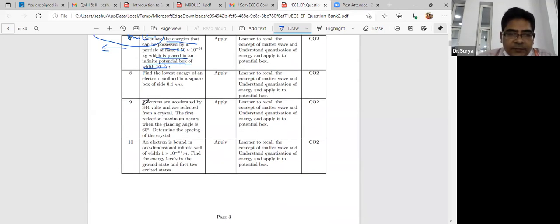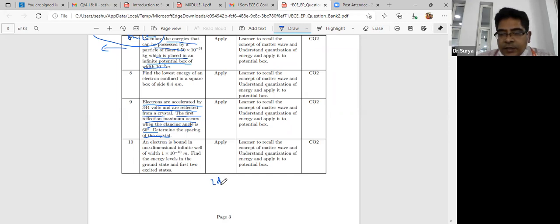So next question is, electrons are accelerated by 344 volts and are reflected from a crystal. The first reflection occurs when the glancing angle is 60 degrees. Determine the spacing of the crystal. For this question, you have to use the X-ray diffractometer expression, 2d sin theta.